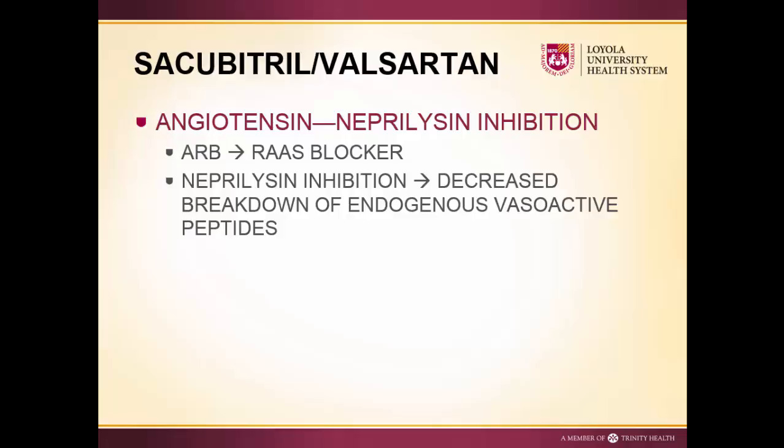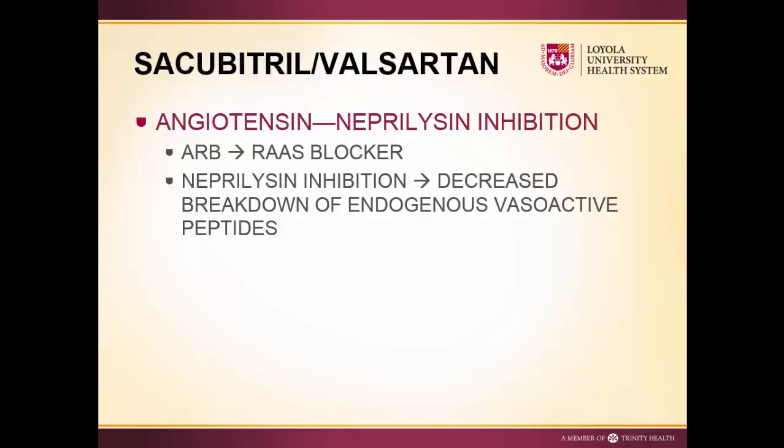So what are the ARNIs? It's the medication whose generic name is sacubitril valsartan. The trade name it's marketed as is Entresto, and originally it was called LCZ696. I talked briefly about it at Grand Rounds last year. If you weren't there, we'll dive into it some more today.